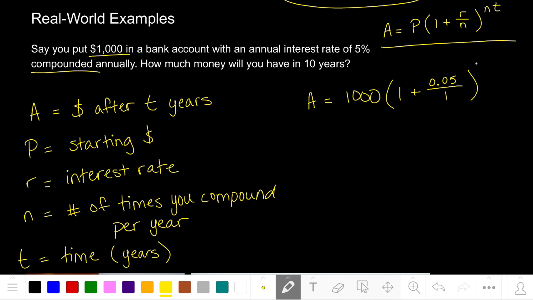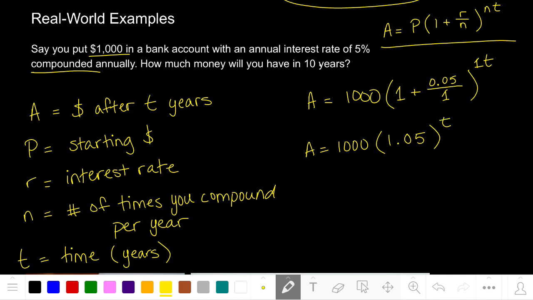So we're going to raise that to the 1 times t. Now this looks complicated, but 0.05 over 1 is just 0.05. So simplifying a little bit, we get A equals 1,000 times 1.05 to the power of t.